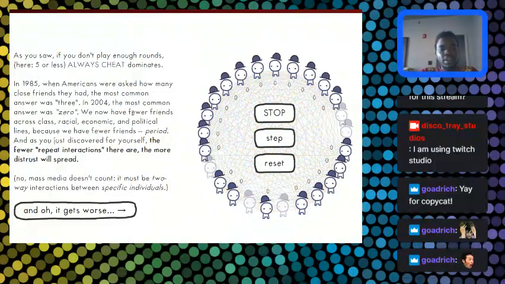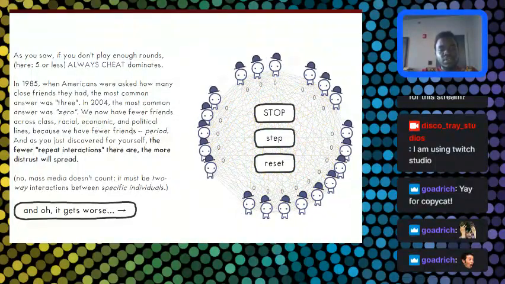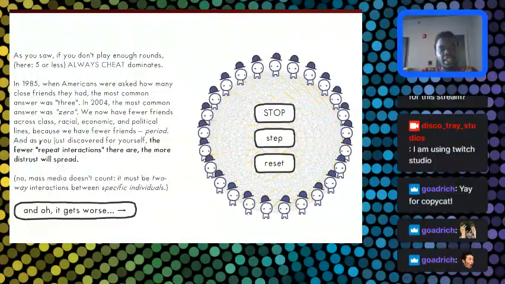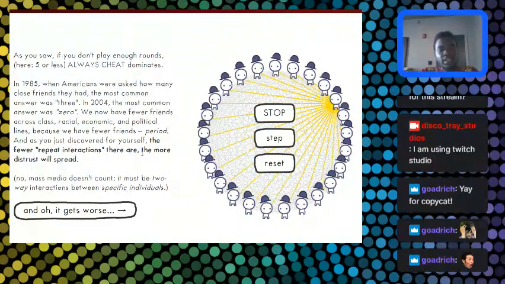We now have fewer friends across class, racial, economic, and political lines because we have fewer friends, period. And as you just discovered for yourself, the fewer repeat interactions there are, the more distrust will spread.